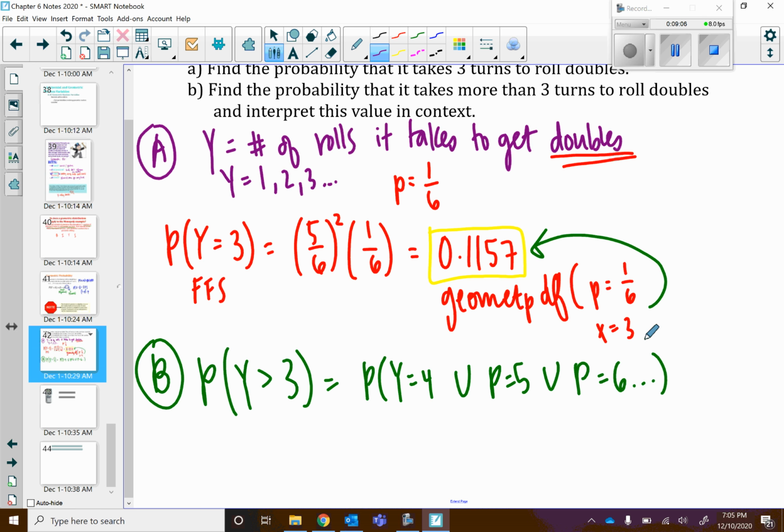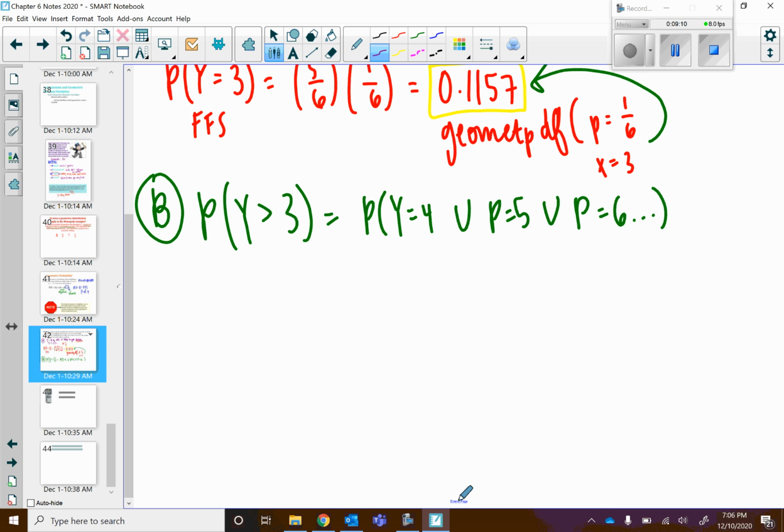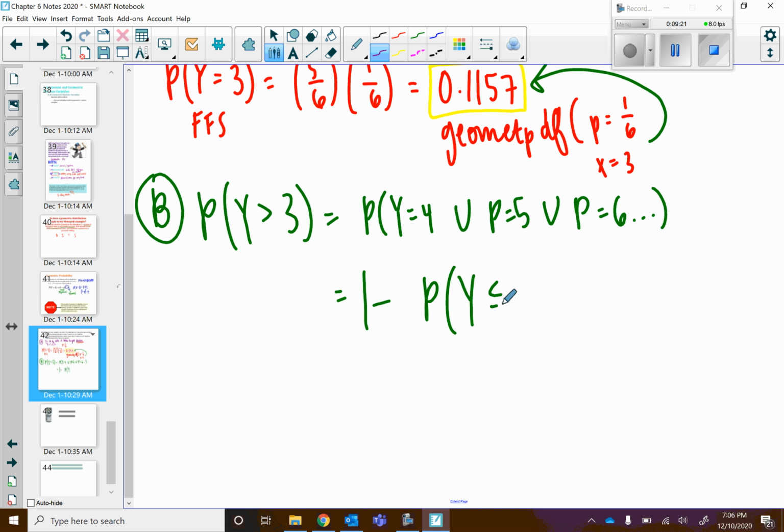So instead of finding all of these probabilities, we're going to use our good old complement rule. So the probability that y is greater than 3 is equal to 1 minus the probability that y is less than or equal to 3.